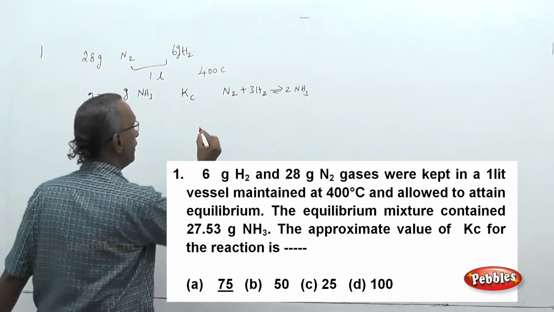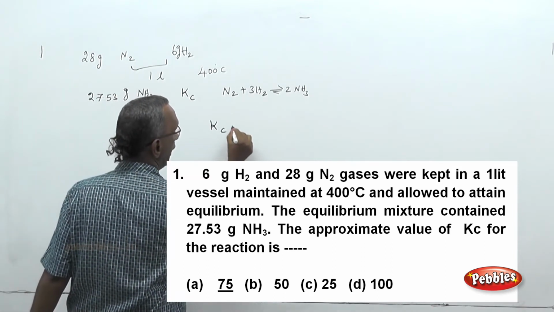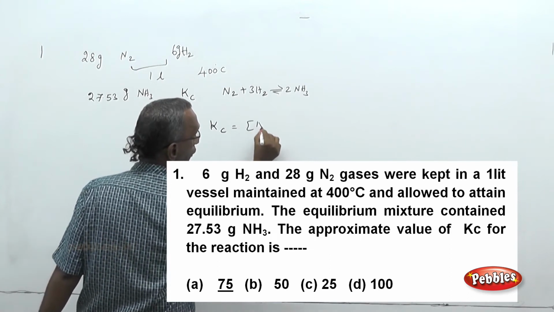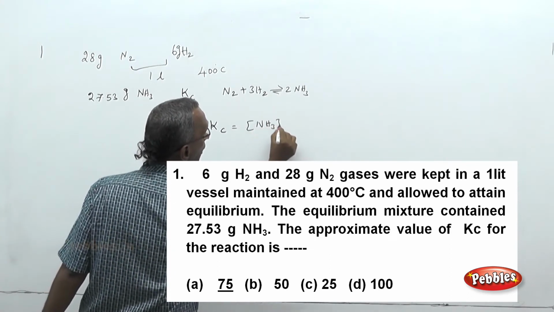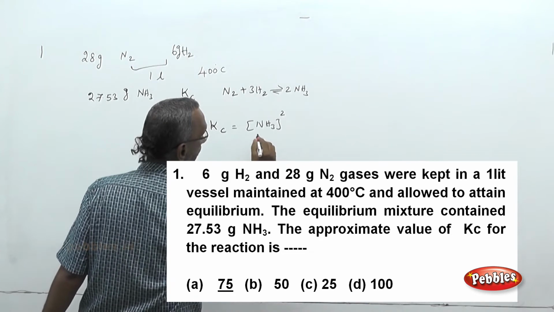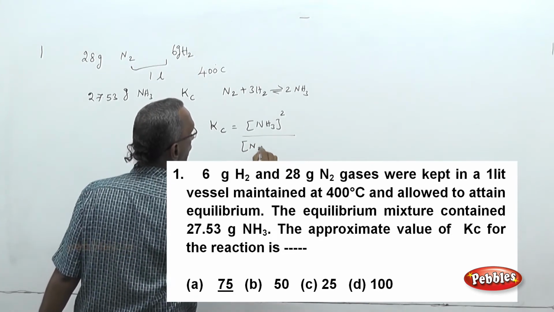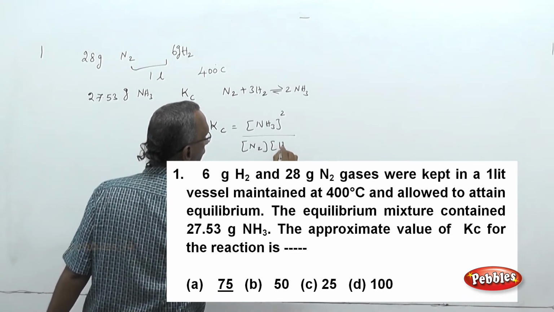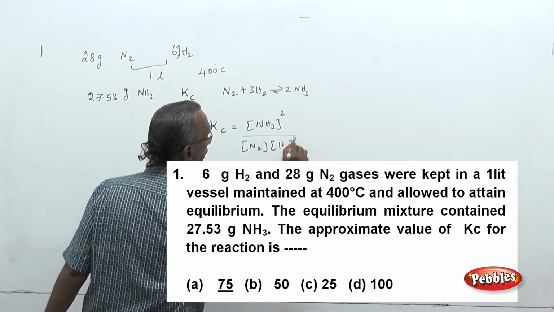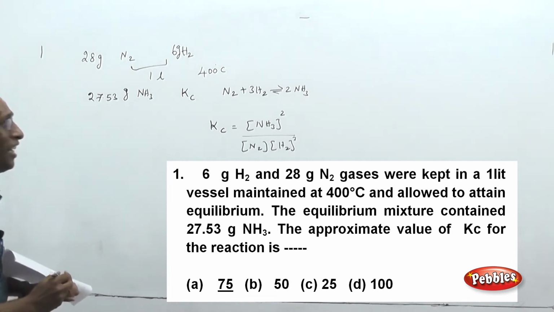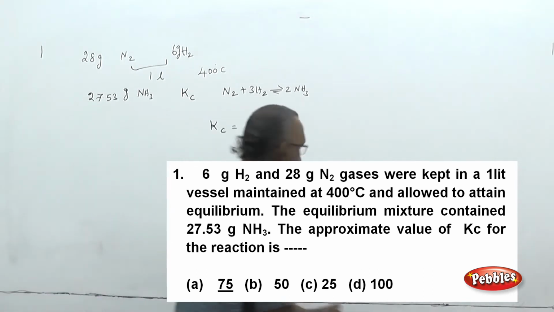So first, the expression for the equilibrium constant: Kc equals the product concentration, ammonia raised to its stoichiometric power 2, divided by the reactant concentrations, nitrogen into hydrogen raised to its stoichiometric power 3, H2 cube.